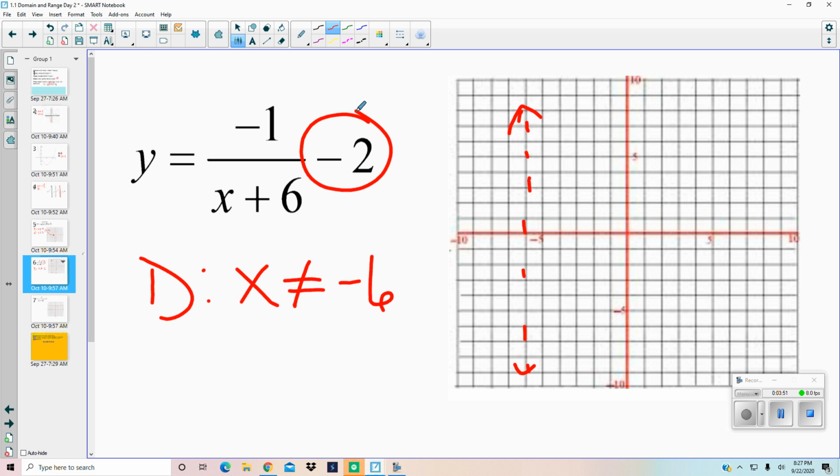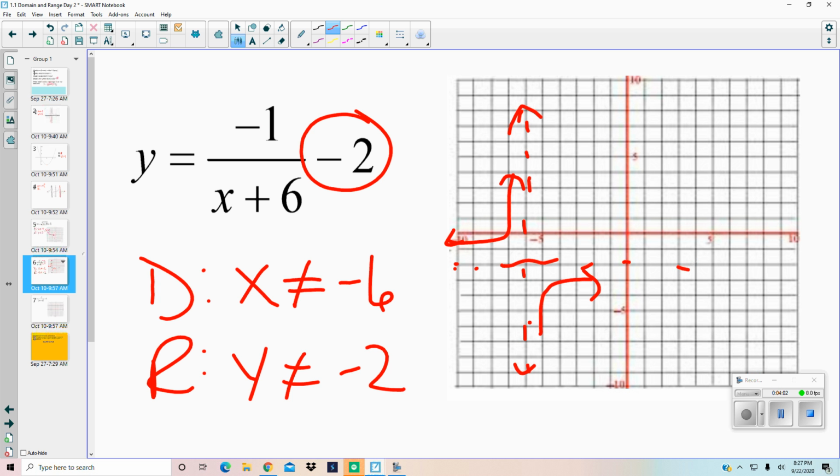Here's a vertical shift. That means y can't be -2. If you graph it, it's going to look like this. So a hyperbola has a restricted domain and therefore also a restricted range.